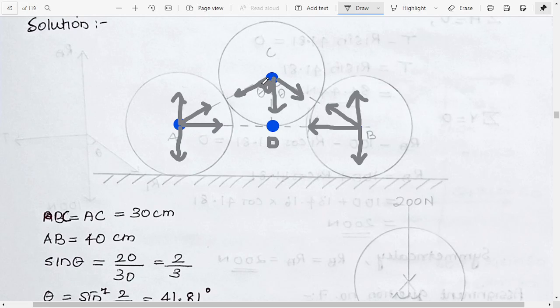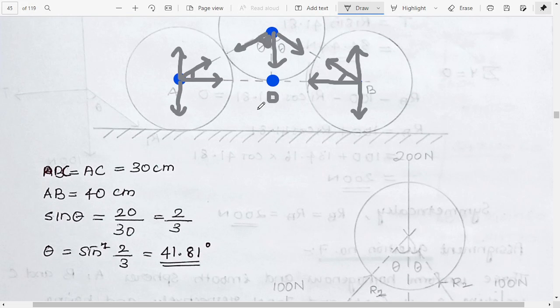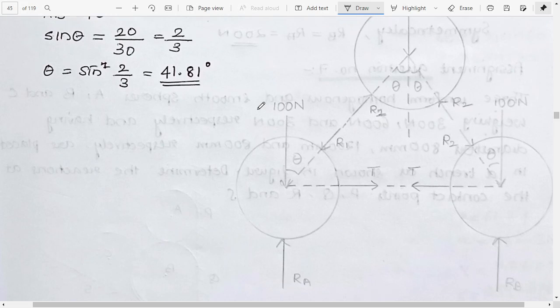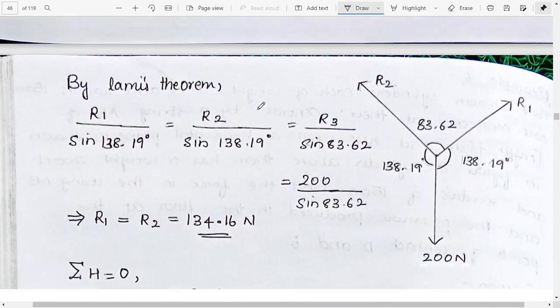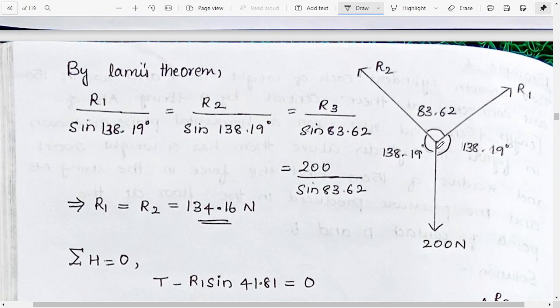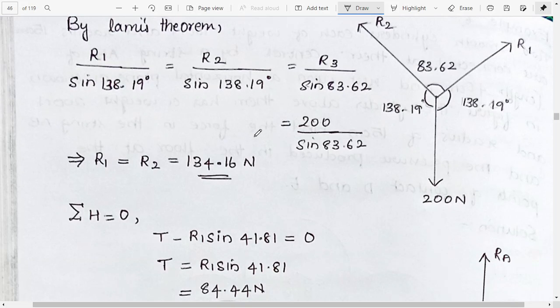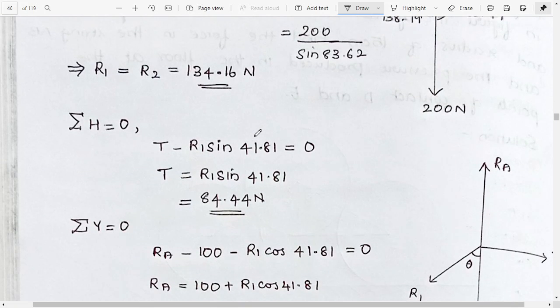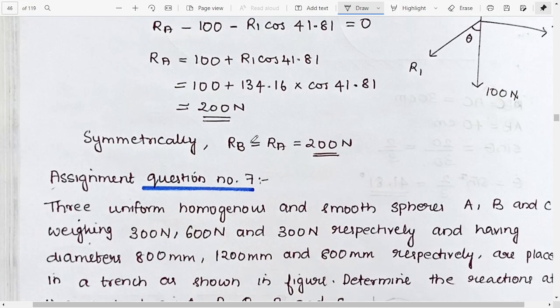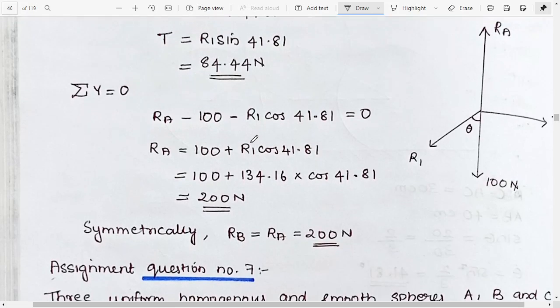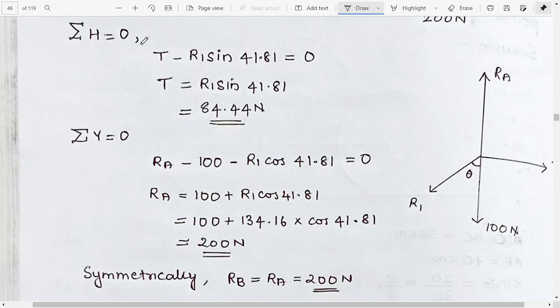If we get this value, then we can find the angle of this part and this part also. Once we have the angles, the problem becomes very simple. Now we just need to take each one of them and use Lami's theorem, and we can find the values of R1, R2, then the tensile forces and everything. You can copy this if you want.